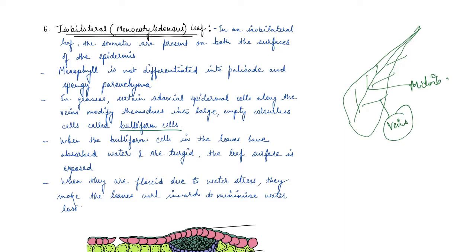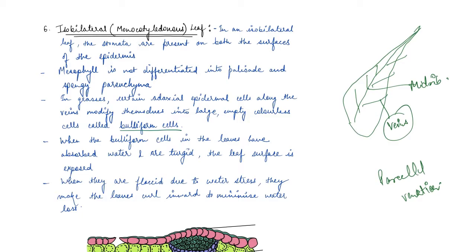Now, in the case of monocot leaves, they have parallel venation, right? In the case of dicot, we have reticulate venation. In the case of monocot leaves, we have parallel venation. So the parallel venation in monocot leaves is reflected in the near similar sizes of vascular bundles, except in the main vein, which is in the vertical section of the leaf.